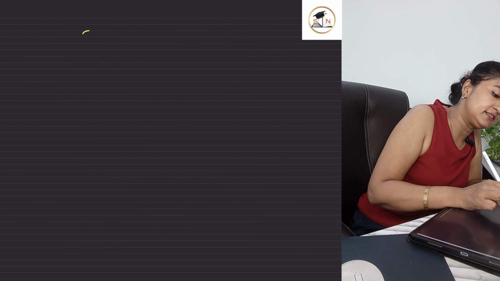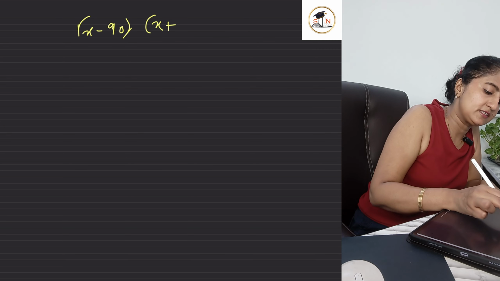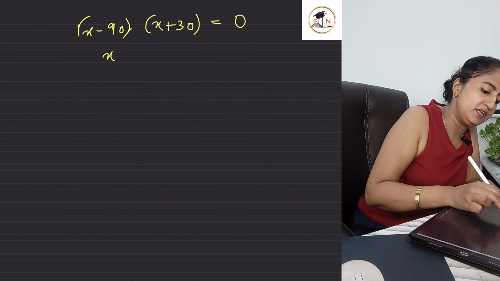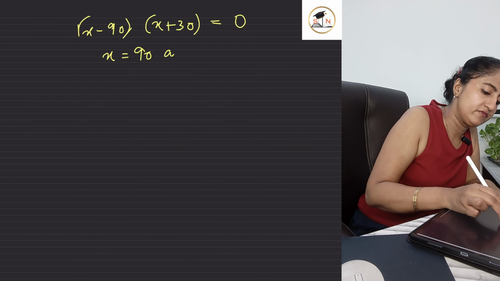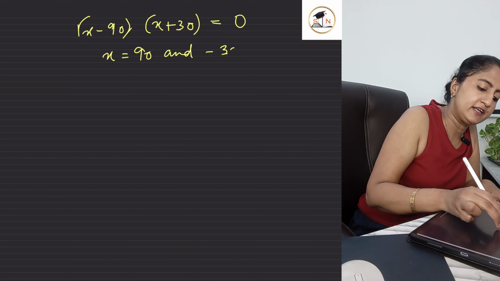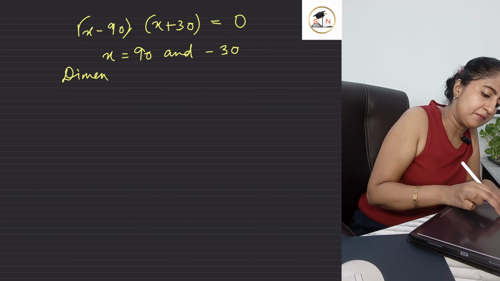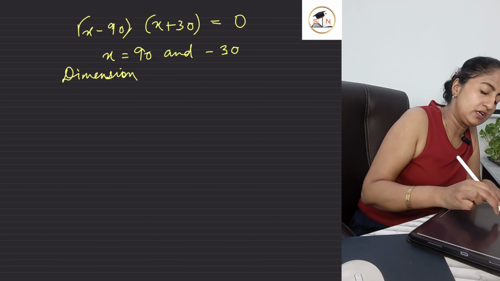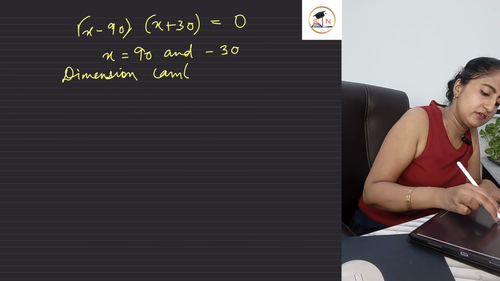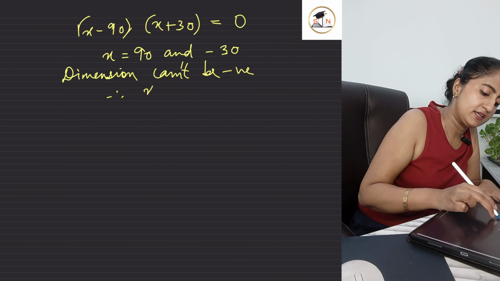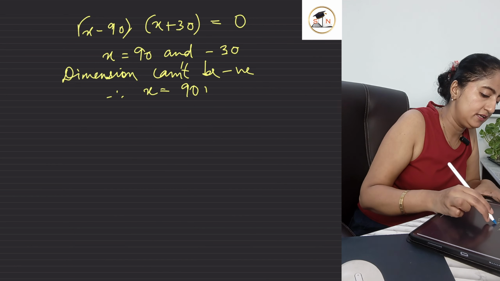So we get our factors (x minus 90) and (x plus 30) equals 0. That gives me x equals 90 and negative 30. You can write down the reason: dimension can't be negative, therefore x equals 90 meters.